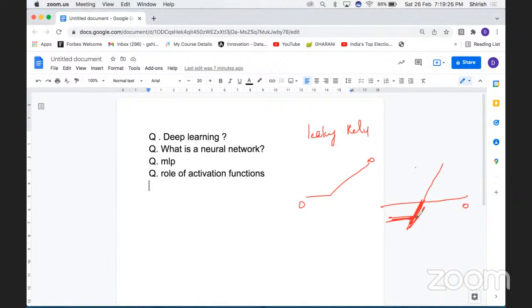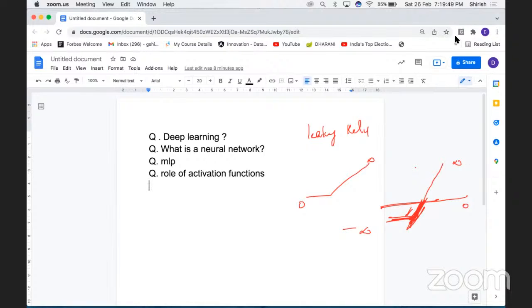It helps to find the negative values, below the axis. So the leaky range will be -infinity to infinity. Like this, you have n number of activation functions to study.